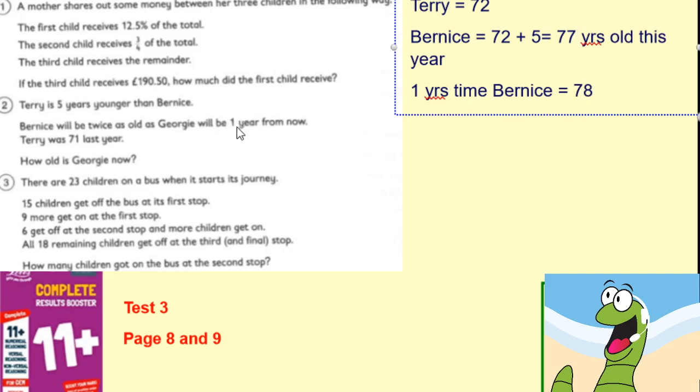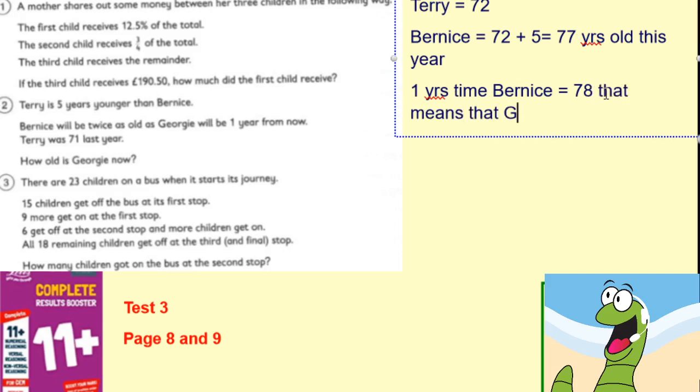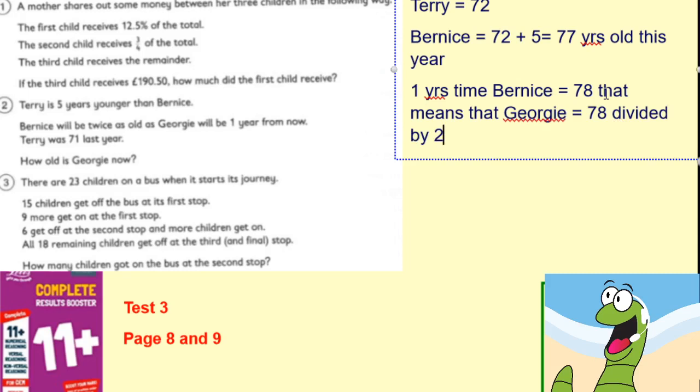Okay, so Bernice should be twice as old as Georgie will be 1 year from now. So 1 year from now, if Bernice is 78, that means Georgie equals 78 divided by 2, and that equals 39.